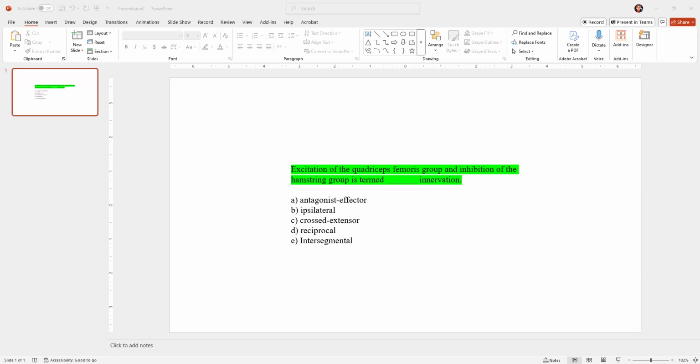Then we did the reciprocal inhibition, and then we did the withdrawal reflex, and then we did the cross extensor reflex. So which one of these four is this? In your four types of reflex arc, your simple, straightforward reflex arc with sensory neuron, interneuron and motor neuron, your reciprocal inhibition, your cross extensor, and your withdrawal reflex.